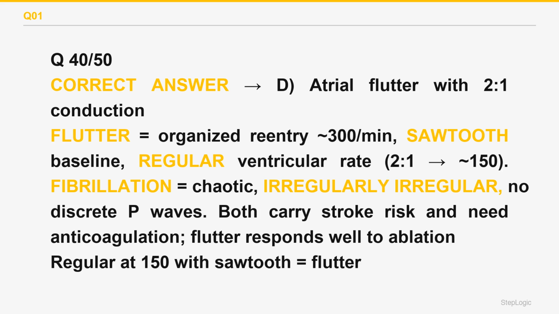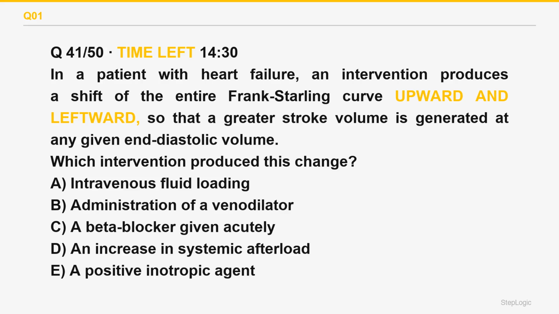Choice B produces an irregular rhythm with at least 3 distinct P-wave morphologies, classically in severe COPD. Choice E would produce wide complexes rather than the narrow ones implied by organized atrioventricular conduction. If you see a regular tachycardia near 150 with the sawtooth baseline, lead yourself to think atrial flutter conducting 2:1.